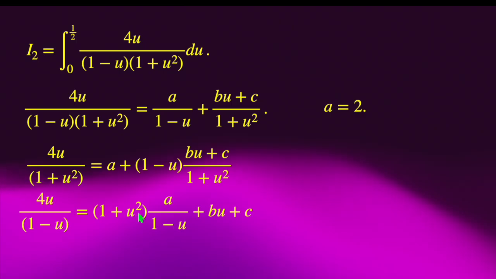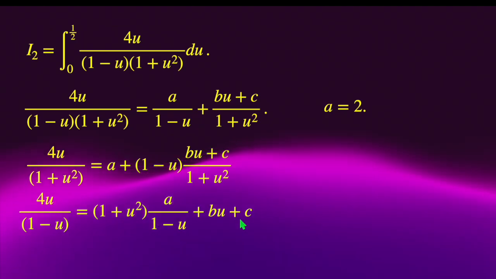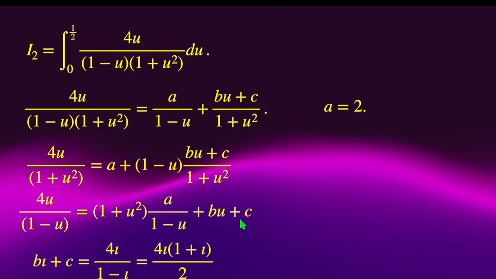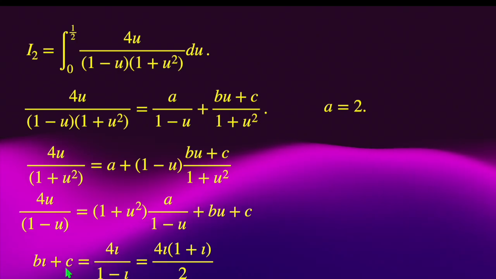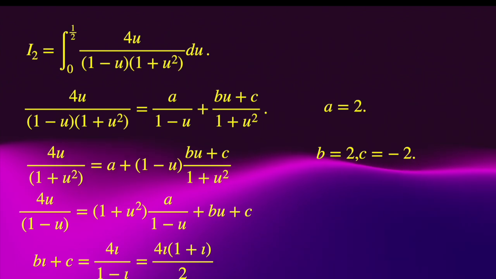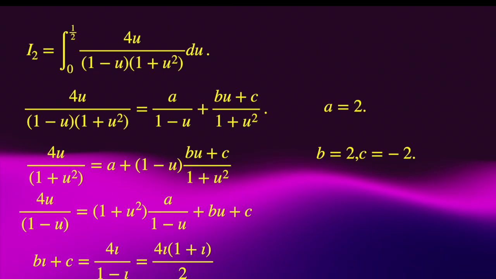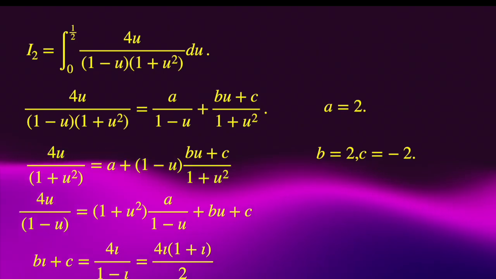If we take u equal to i, here we get 0, and we will get 4i over 1 minus i equals bi plus c. And we identify the real part and the imaginary part, and we get that b is equal to 2 and c equal to minus 2.